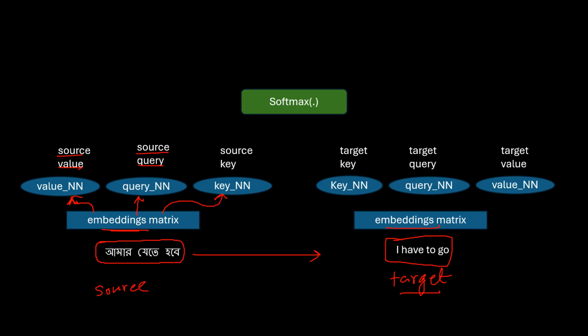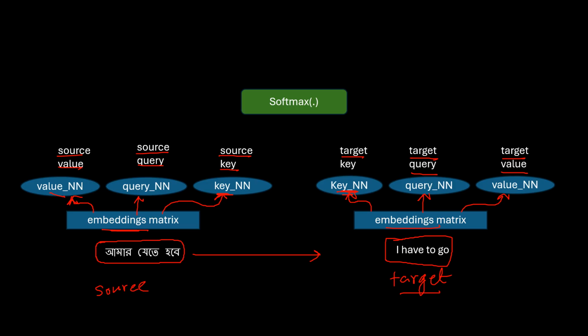Similarly, the target embedding matrix will produce a target key, a target query, and a target value. Obviously, the key neural network used on the target side will be different from that used on the source side. These are different neural networks.